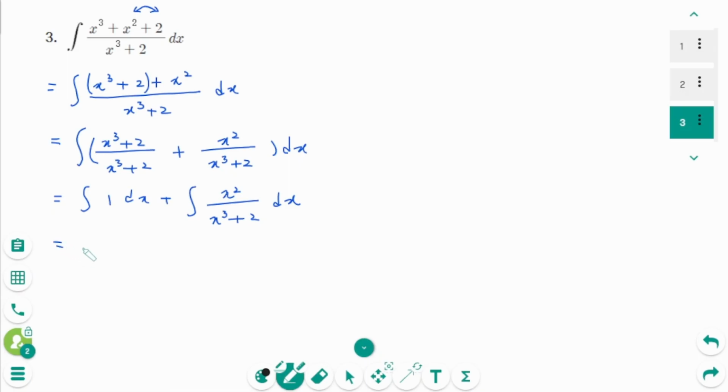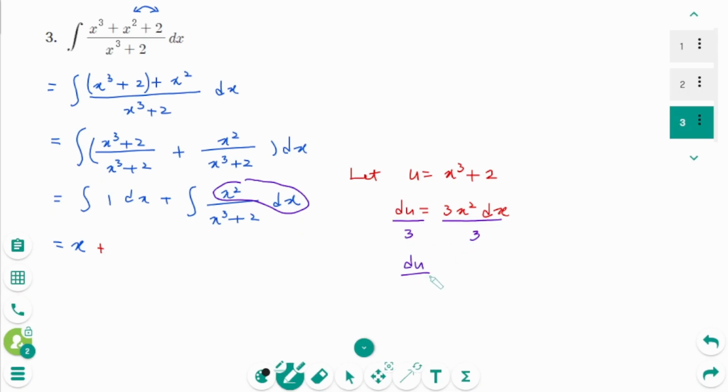The antiderivative of 1 is x. Plus, let u equal x cubed plus 2, then differentiate each side: du equals 3x squared dx. There is only x squared dx, so divide by 3 on each side: du over 3 equals x squared dx.